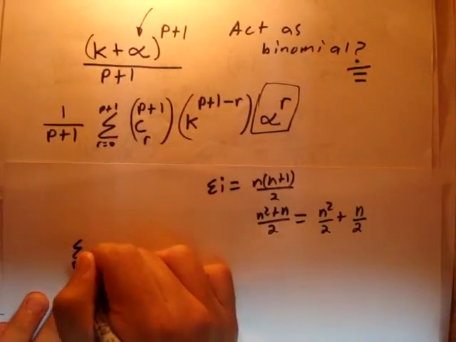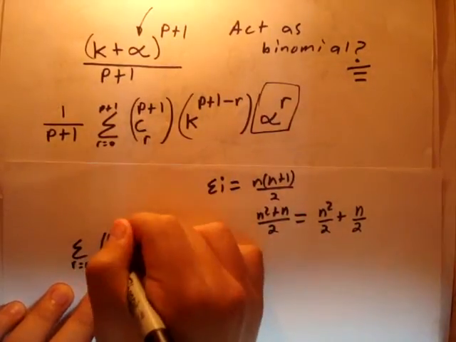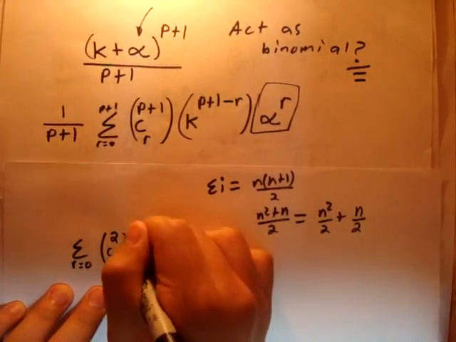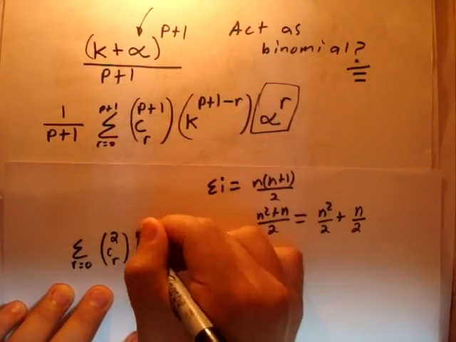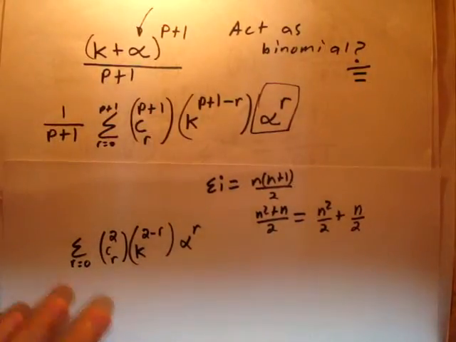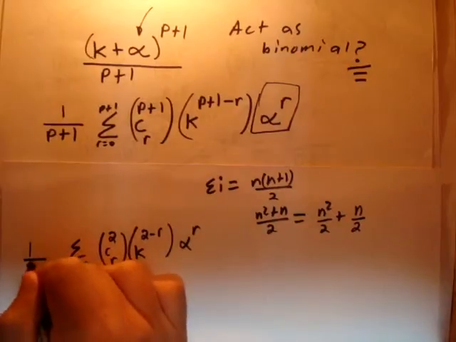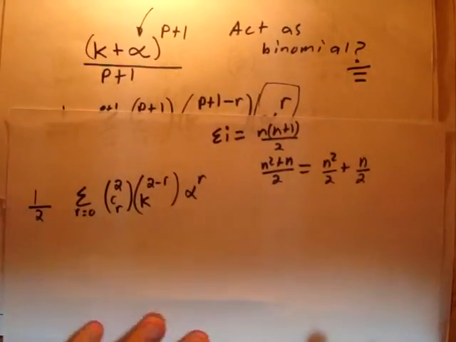Sigma r equals 0. We're going to do p equals 1, so 2 choose r, k to the 2 minus r, and here we're going to have alpha to the r. You're going to see why the alpha to the r is wrong, but the very reason why I got it wrong actually brought me closer to the answer. Now, here let's actually expand this.